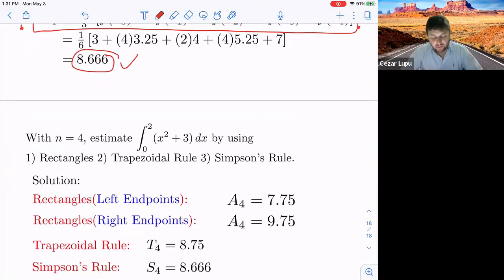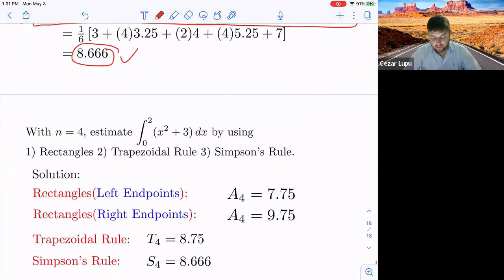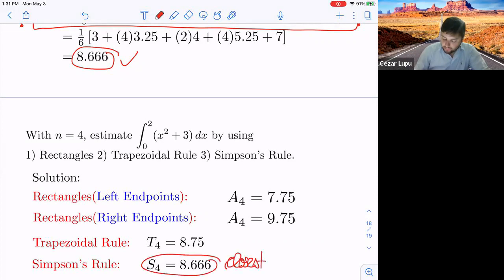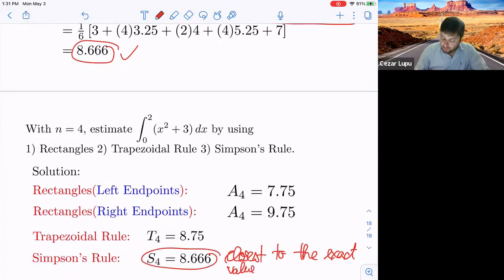I'll get this 8.666. So now let's compare them. Oh, look at them. All of them are here. And now you will see that Simpson's rule was the closest one to the exact value of the integral.